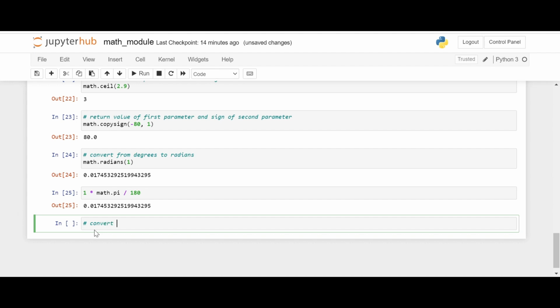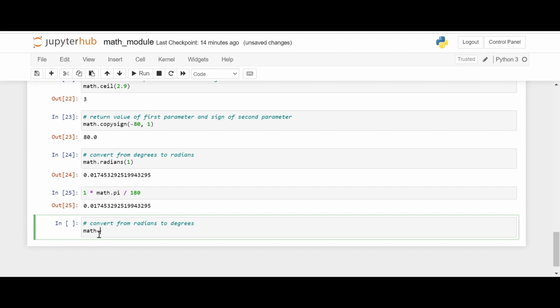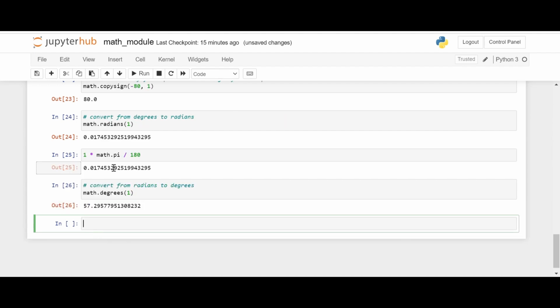Convert radians to degrees, math.degrees. So converting 1 radian into degree.